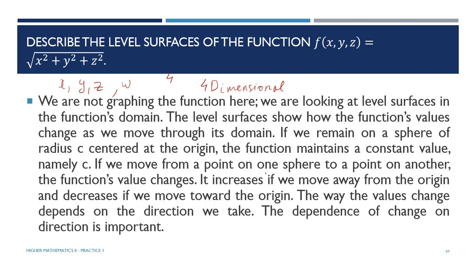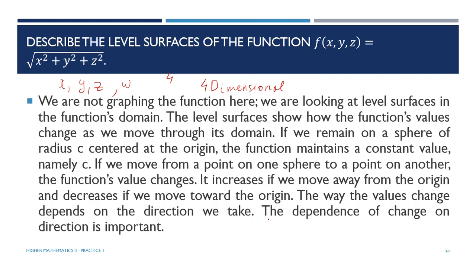If we remain on a sphere of radius c centered at the origin, the function maintains a constant value, namely c. If we move from a point on one sphere to a point on another, the function's value changes. It increases if we move away from the origin and decreases if we move toward the origin. The way the values change depends on the direction we take.